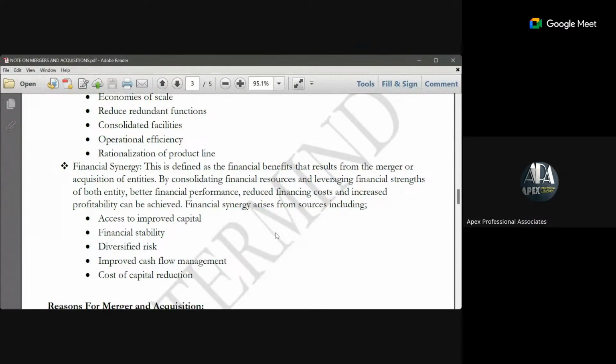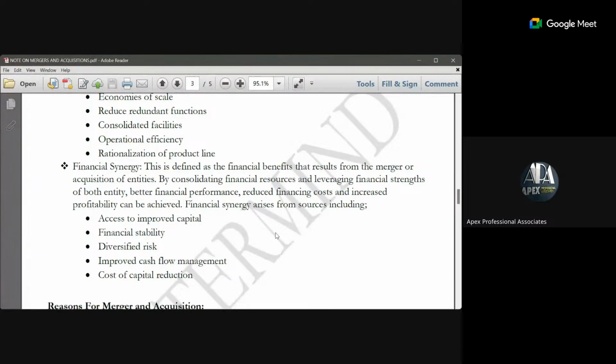Now we also have financial stability. What one person can achieve, when two productive persons come together, they will be able to achieve more. That is what synergy is all about. So when we talk about financial stability, the business is in operation.